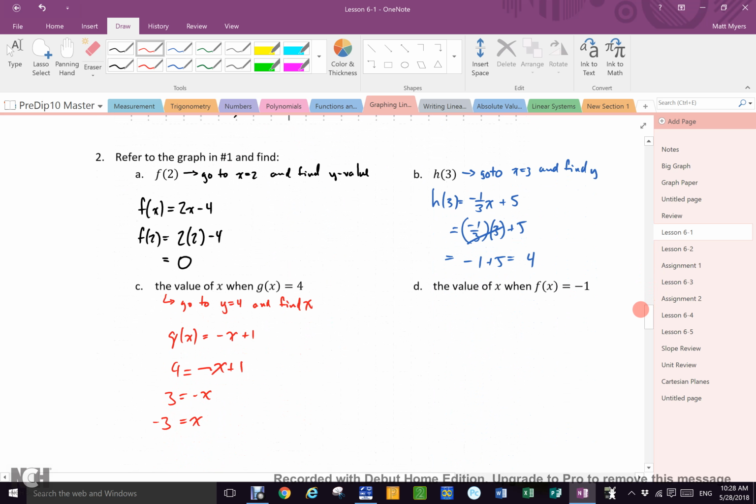And finally, when f of x is negative 1, I'm back to the black one. I go to y equals negative 1 and find x. All of you should do that. And then I can also do it algebraically.